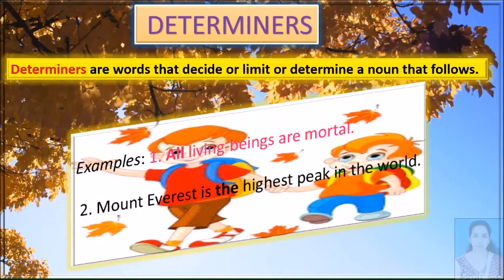Mount Everest is the highest peak in the world. 50 passengers can be seated in this bus. All, the, 50, this are examples of determiners.